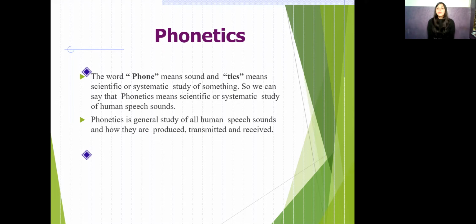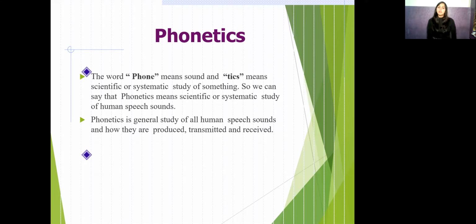Not TikTok, it is banned. So nothing TikTok, but tics is some tactics, some tricks to learn something. So to learn anything systematically is known as tics. So the systematic study of sound is known as phonetics.